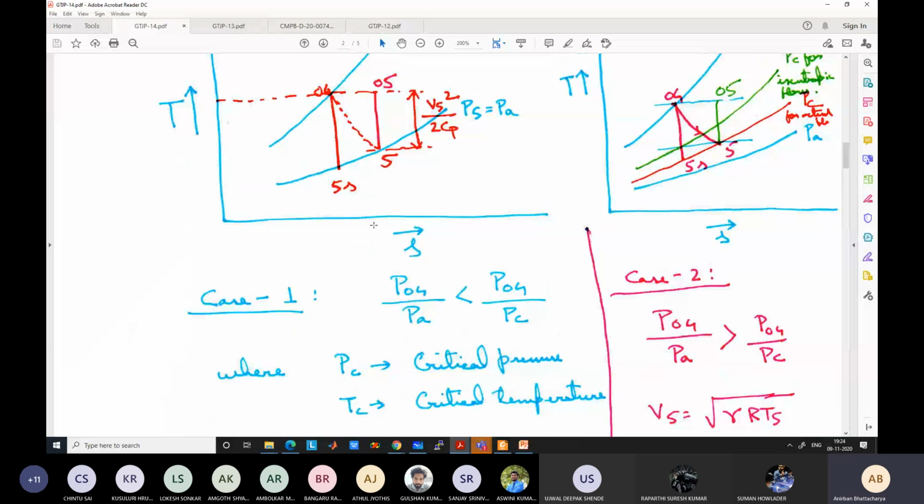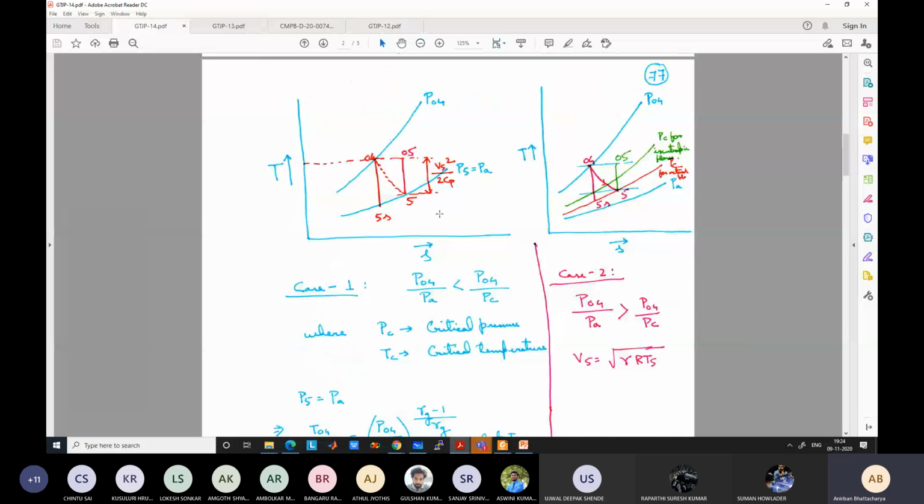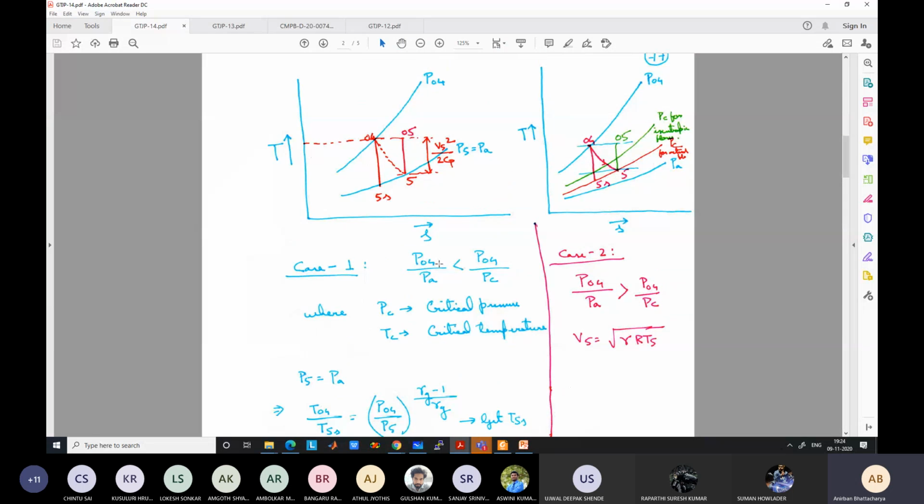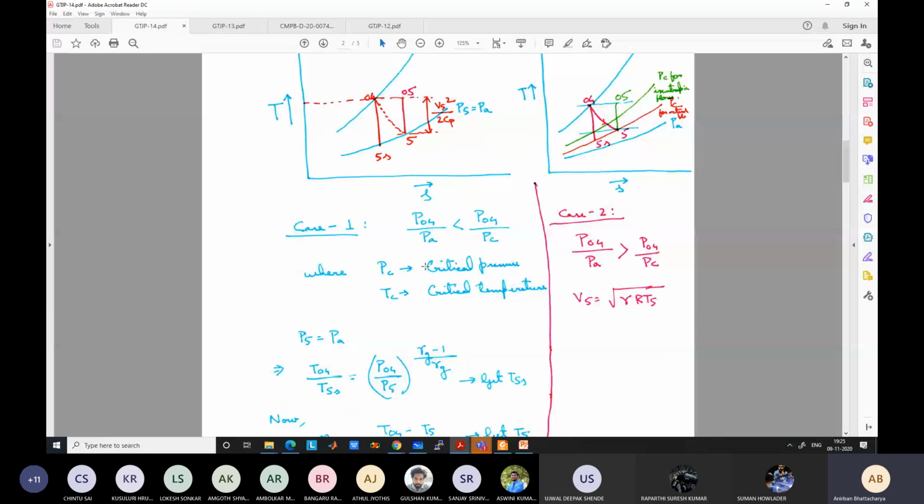Forget this case. This case we have already described. Okay, so I am showing two cases. One is case 1, where the pressure at the exit is greater than the critical pressure, that is, the pressure ratio is less than the critical pressure ratio. We have already discussed this point too many times, that in this case P5 is equal to PA, and you can always calculate the velocity.